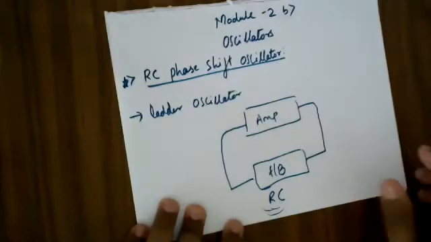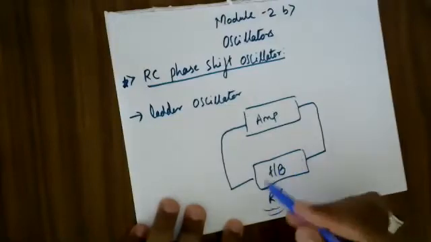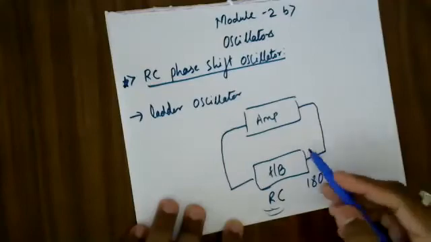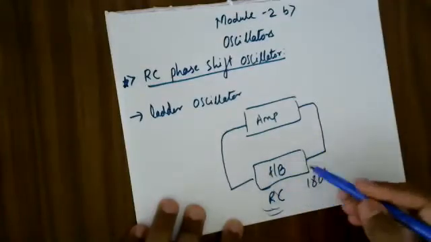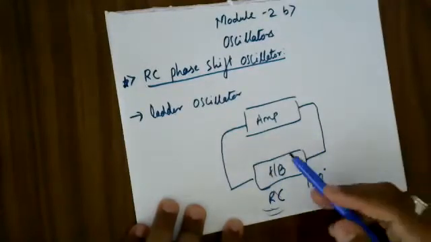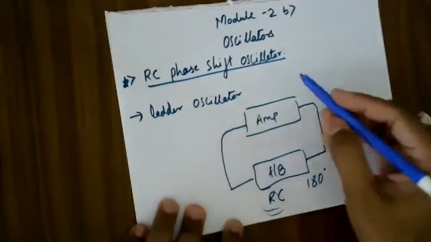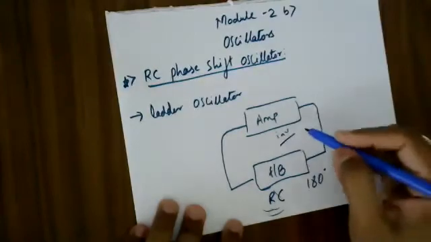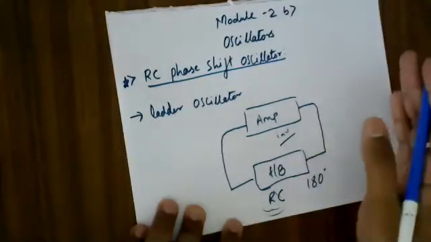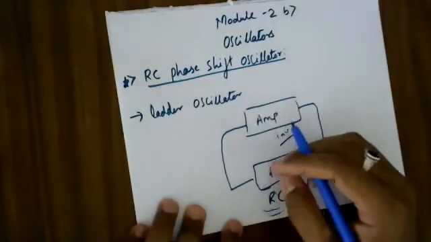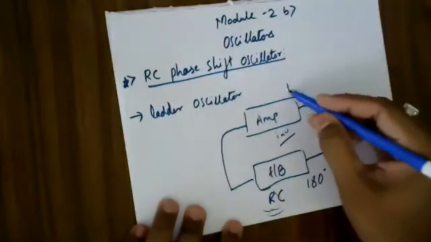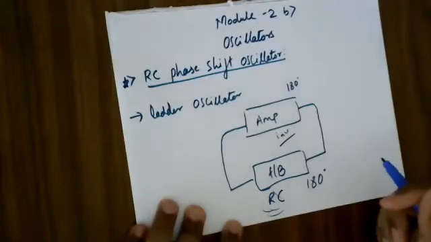This feedback circuit is going to produce a phase shift of 180 degrees. Since my feedback circuit produces a phase shift of 180 degrees, my amplifier will be an inverting configuration. If I'm using an op-amp, a transistor or an FET, then by default my amplifier will produce a phase shift of 180 degrees.